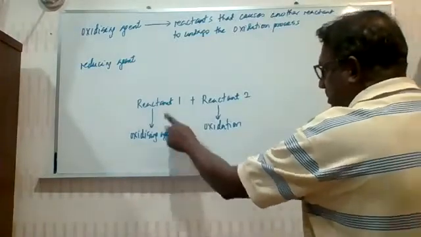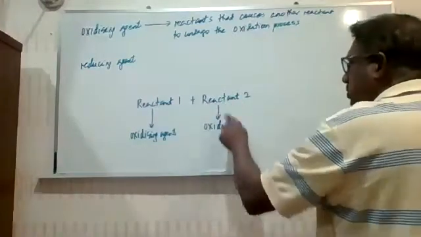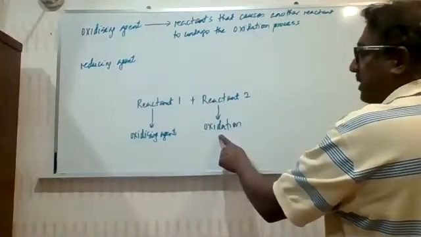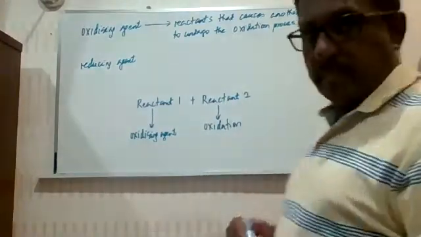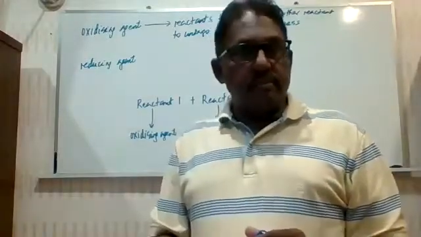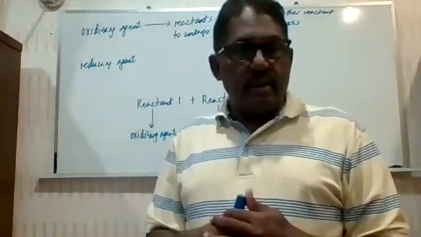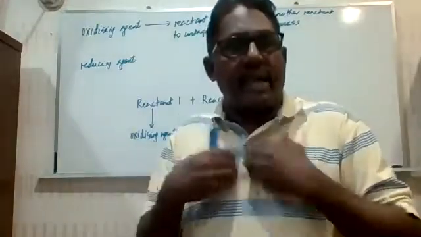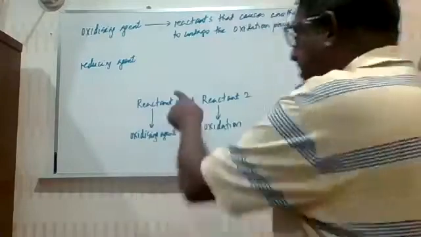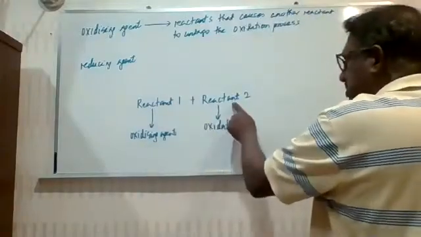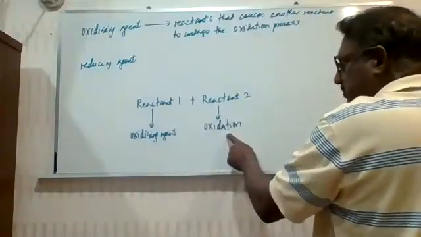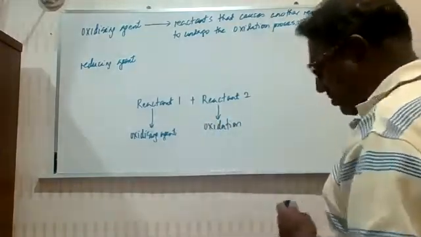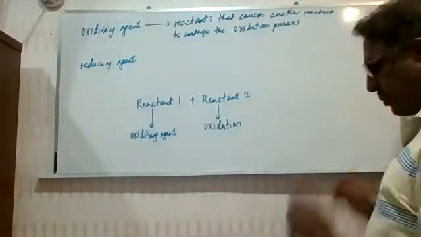Because it's an agent, a substance that causes reactant 2 to undergo oxidation. Definitely, that makes sense. So if I cause oxidation, I must be the oxidizing agent. Does this cause oxidation? Yes, it causes the reactant to undergo oxidation. Therefore, reactant 1 must be an oxidizing agent. That is well understood there.